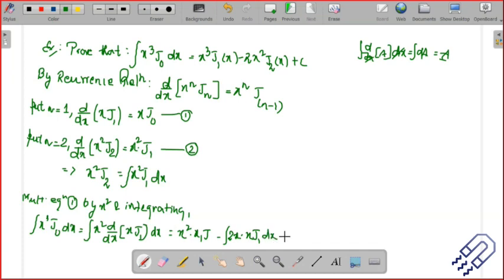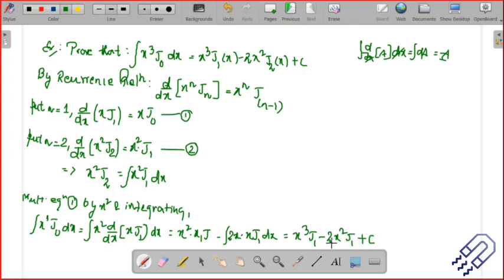So this one would be nothing but x^3 J1 minus, 2 can come out, so we have 2 times the integral of x^2 J1 dx, plus c, which is obviously there because we have already integrated it.